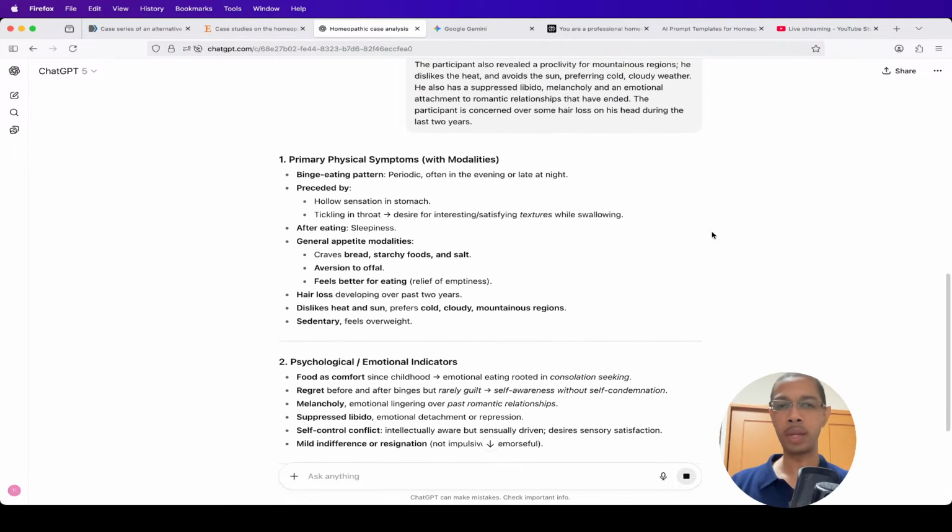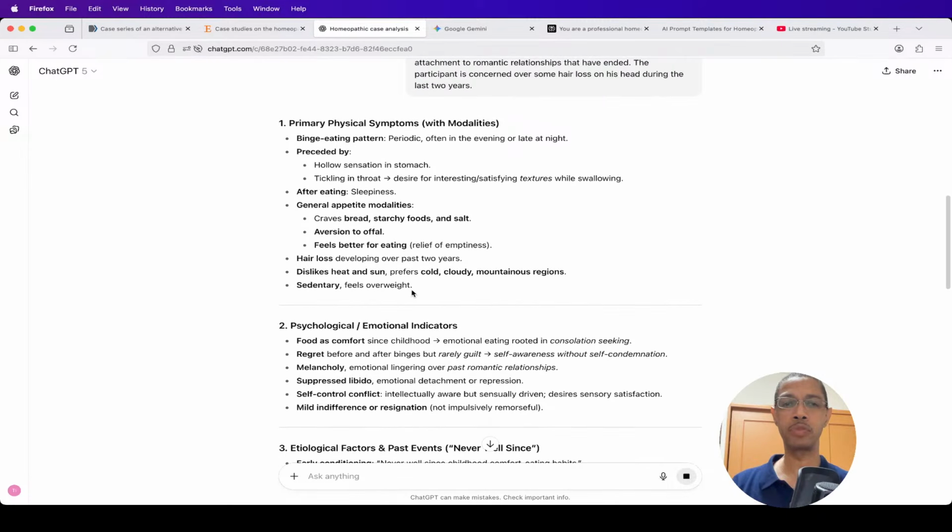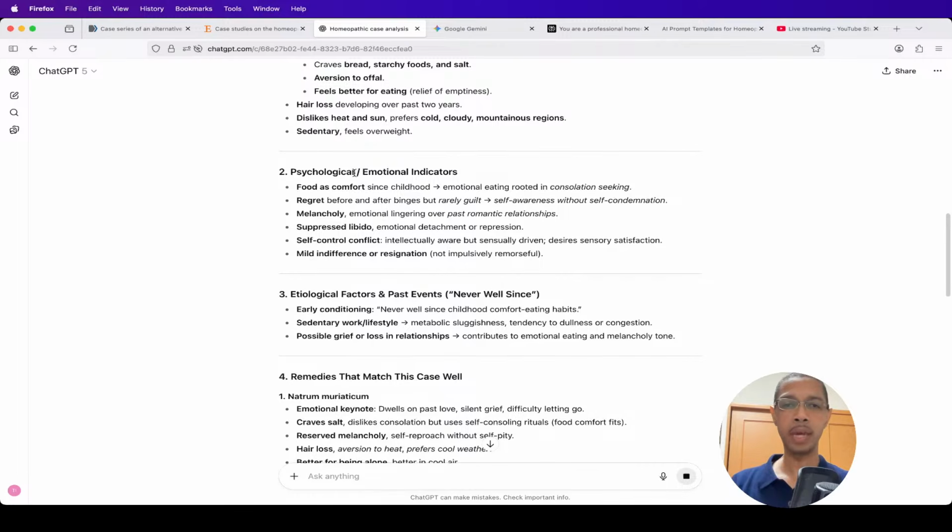So this is how we had it laid out. The primary physical symptoms, right? Binge eating, sleepiness after eating, general appetite modalities, hair loss, dislikes heat and sun, sedentary, feels overweight. Psychological, emotional indicators: food is comfort, regret before and after binges but rarely guilt, melancholy, suppressed libido, self-control conflict, mild indifference or resignation.